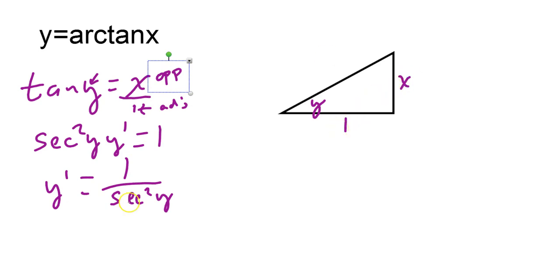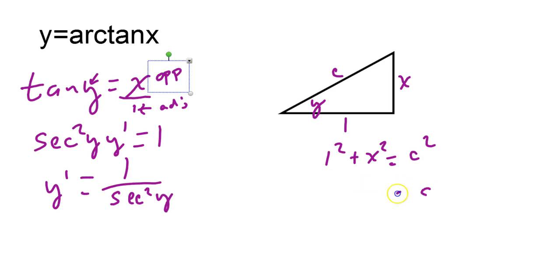Again, to find the secant of my angle, the definition of cosine is adjacent over hypotenuse, so wouldn't the definition of secant be hypotenuse over adjacent? So I need this hypotenuse here. Through the Pythagorean theorem, let me just show it. Wouldn't it be 1 squared plus x squared equals c squared, where c is my hypotenuse?